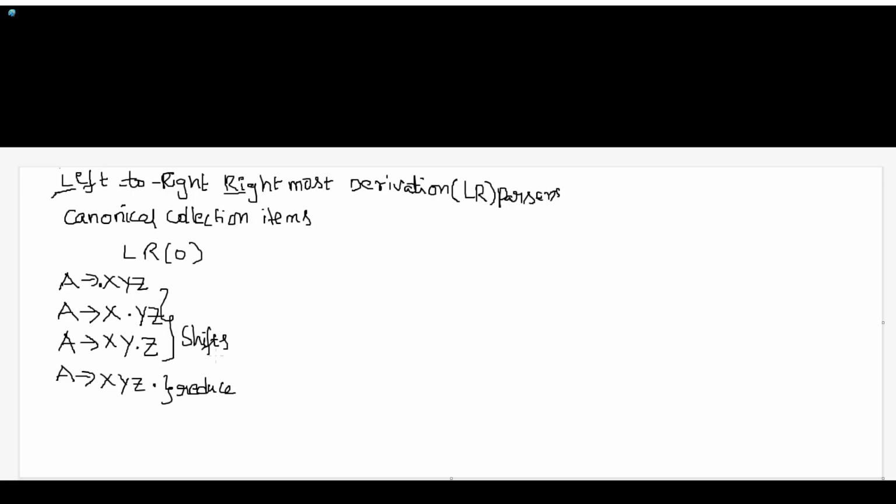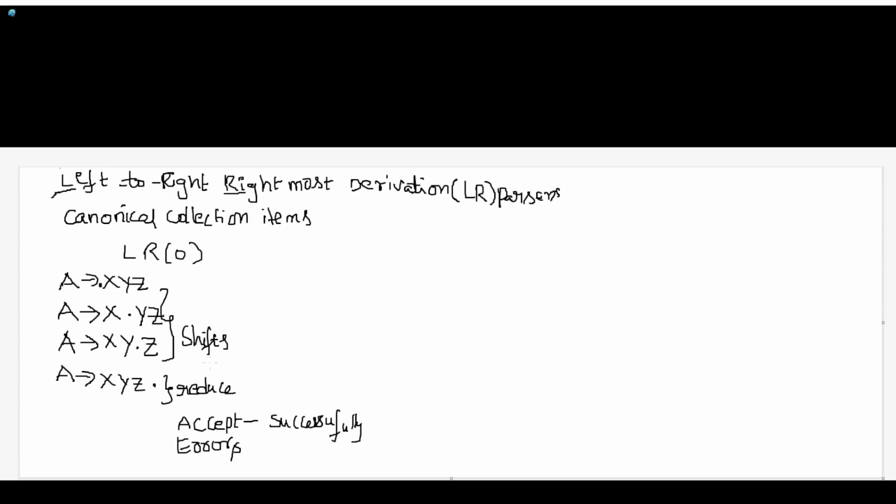We have two more actions. One is accept, which means successful completion of parsing, and then the grammar is said to be accepted. The other is error, which means that if any symbol is wrong, or we are not following the syntax rules at a particular stage, then it is an error.